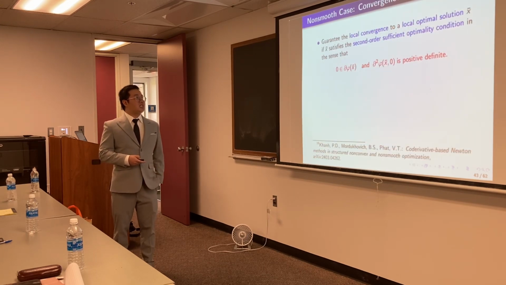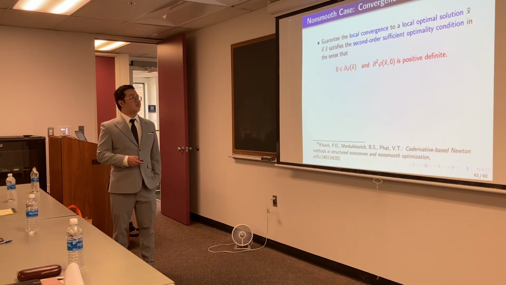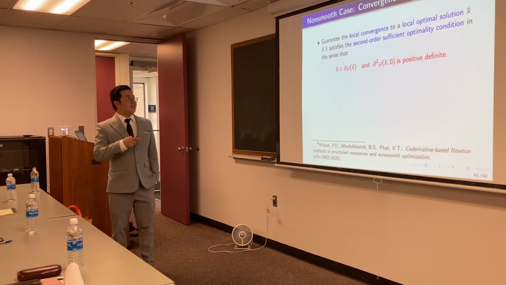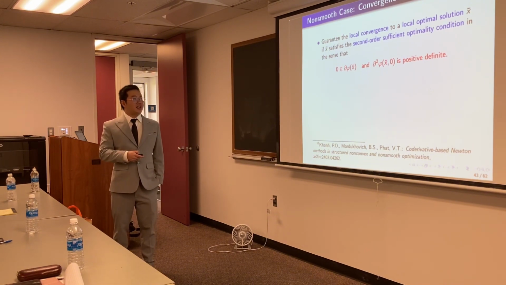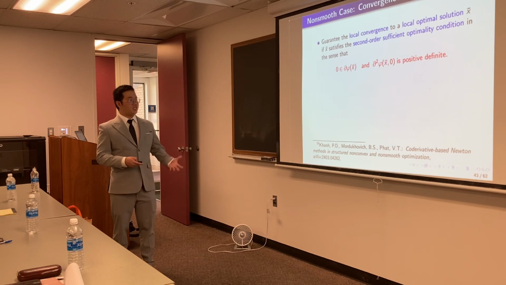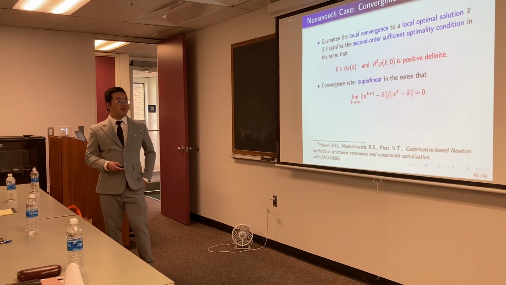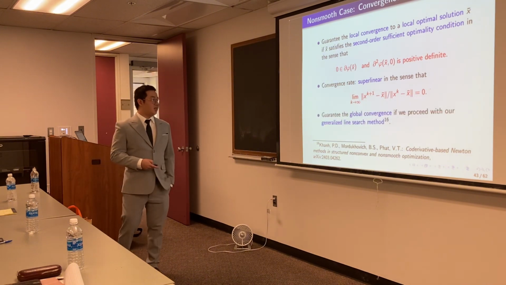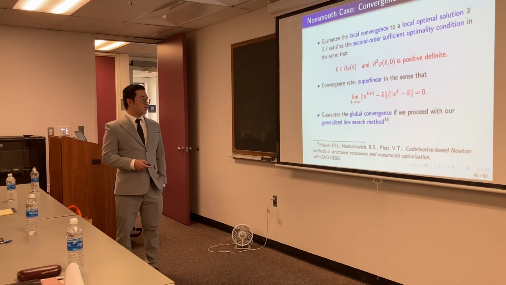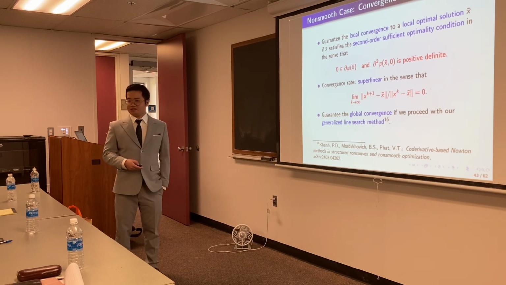And we can guarantee the local convergence to a local optimal solution if the solution x bar satisfies the second order sufficient optimality condition: zero belongs to the subdifferential and the second-order subdifferential matrix is positive definite, and we can guarantee the convergence rate is superlinear. Right? And we can guarantee the global convergence if we proceed with our generalized Newton method.